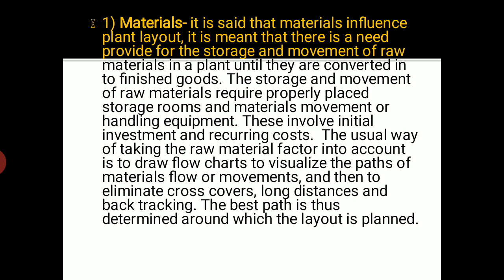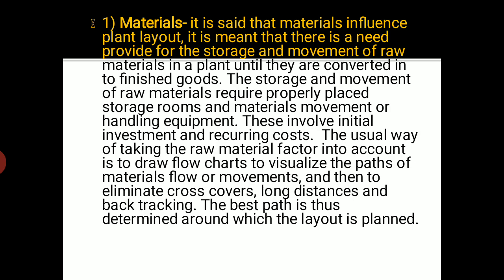Before that, what material we are using, whether it is heavy, whether it is light, whether it is inflammable, whatever the type may be, these materials are to be kept in mind, and then the layout decision related to its storage and handling should be done. This involves initial investment and recurring cost.